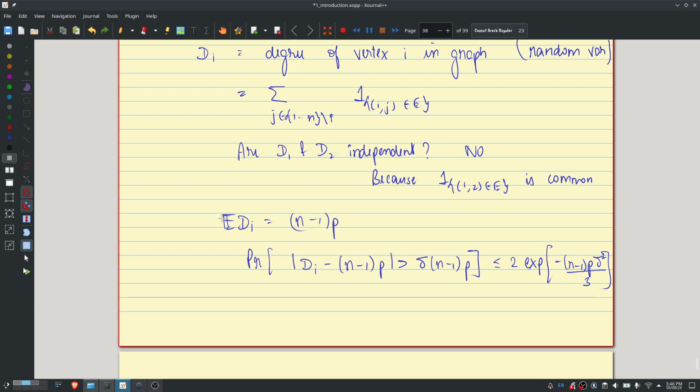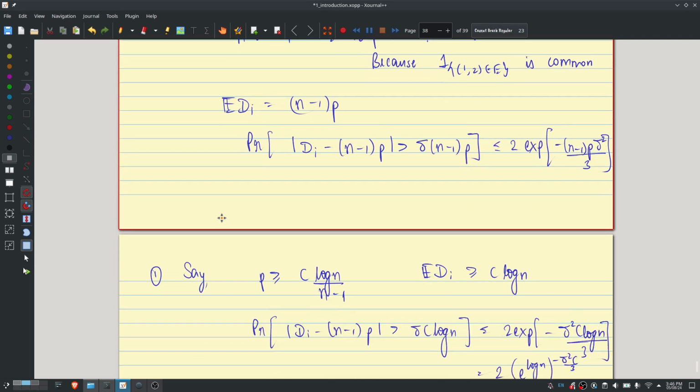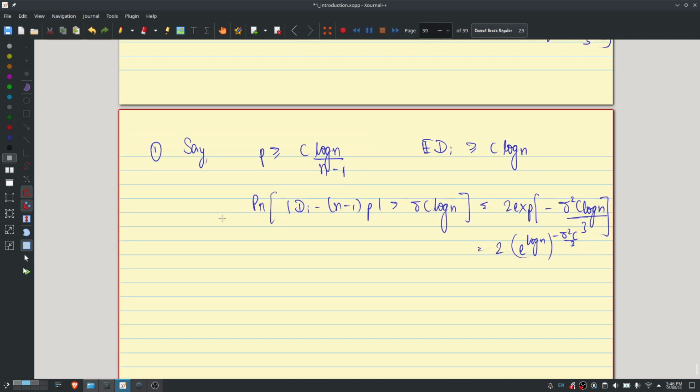Any other questions? Is it clear how I got this particular bound? Great. So what is e raised to log n, assuming that the log is to base e?